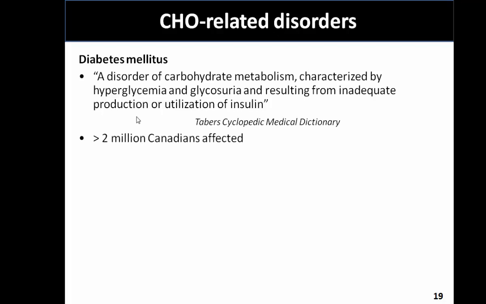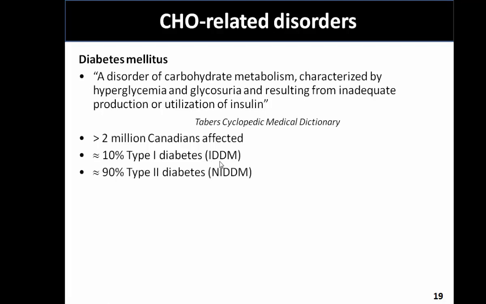Over 2 million Canadians are estimated to be afflicted with diabetes mellitus. 1 in 10 of those afflicted have what's referred to as type 1 diabetes mellitus, an older term for which was insulin-dependent diabetes mellitus, while 9 in 10 are afflicted with type 2 diabetes mellitus, what used to be referred to as non-insulin-dependent diabetes mellitus.